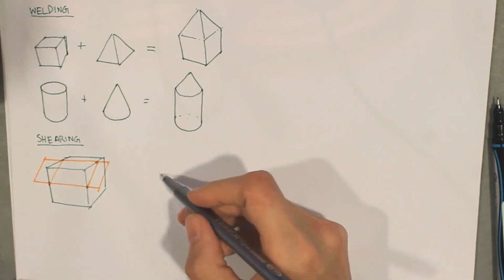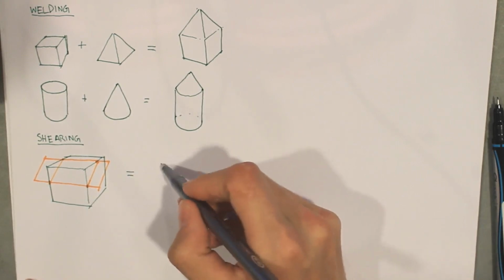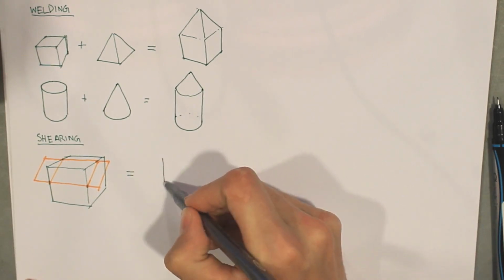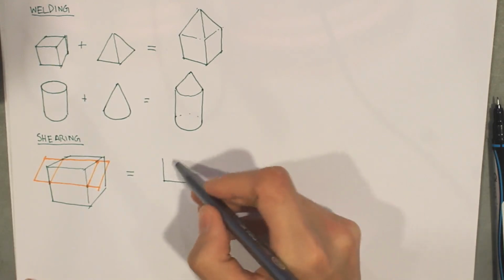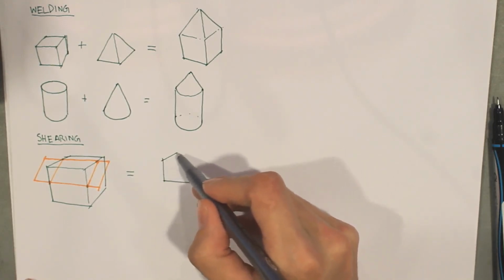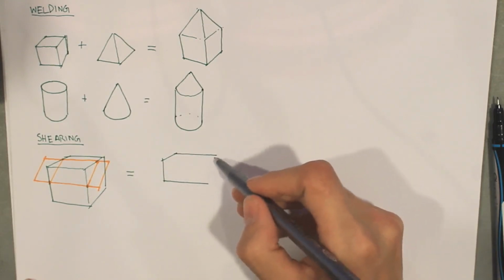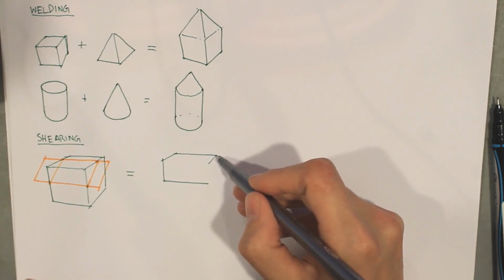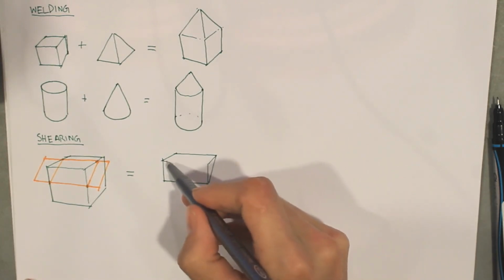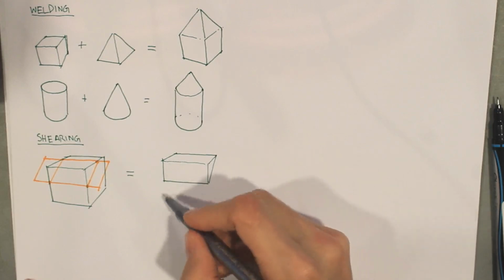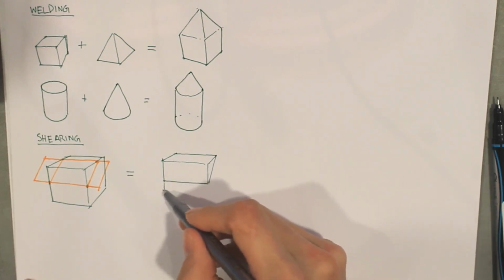So now let's combine the two together. And what we get are two separate objects. Now I'm going to separate it from the object below it.